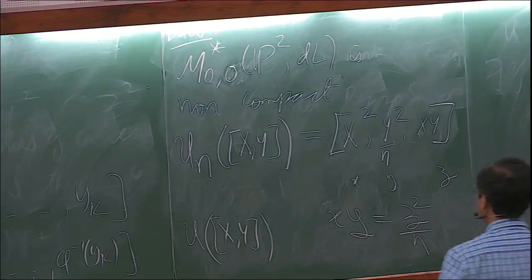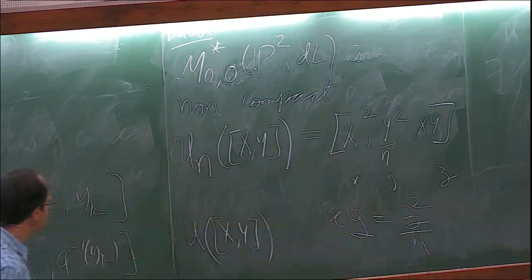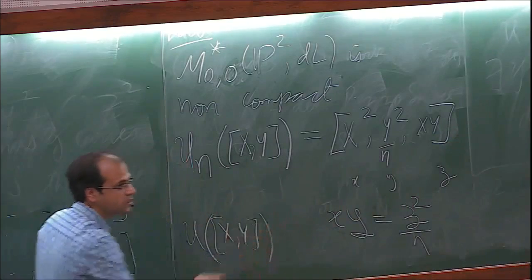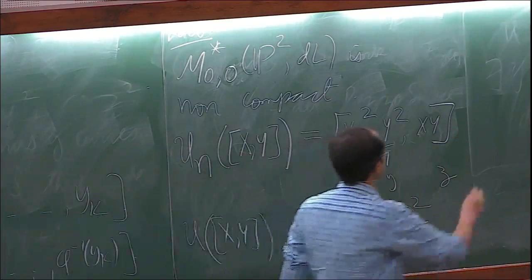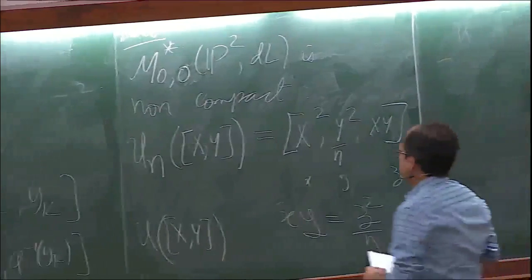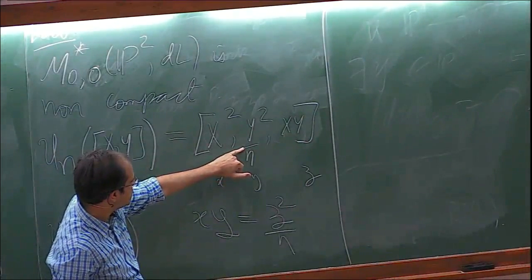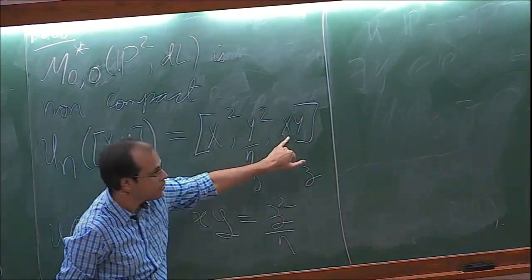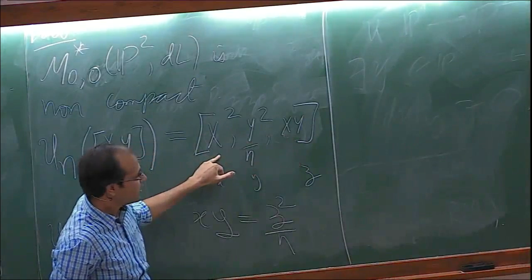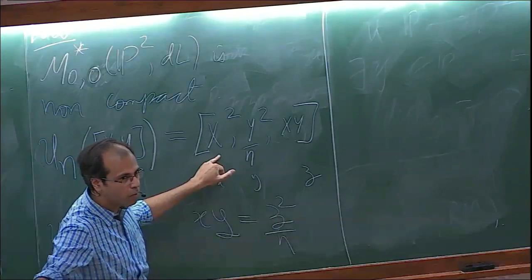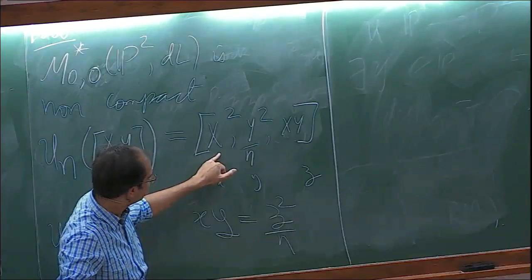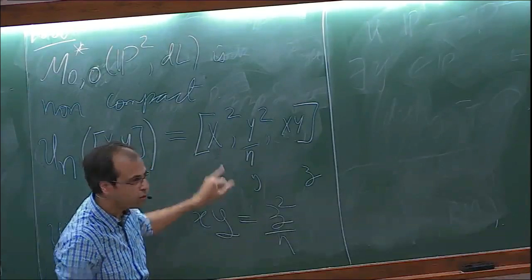So let's see exactly what is really happening. It's not compact, but let's see if we can salvage the situation. As n goes to infinity, this basically goes to x squared, 0, and xy, and you can cancel off this x, for all points except when x is 0.